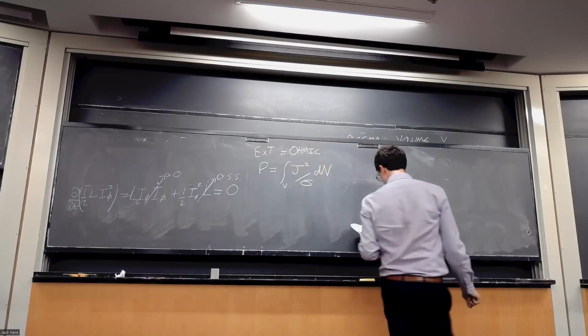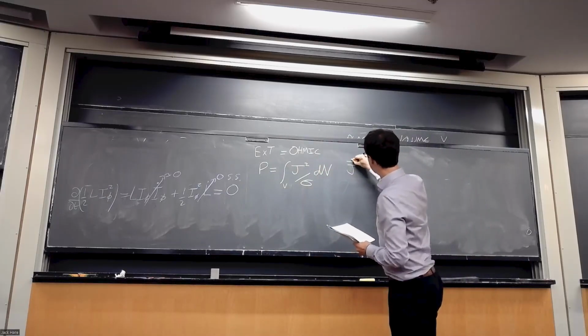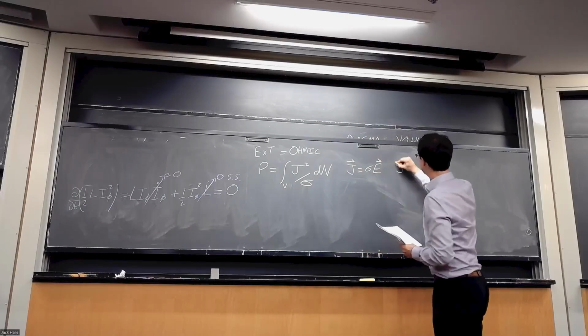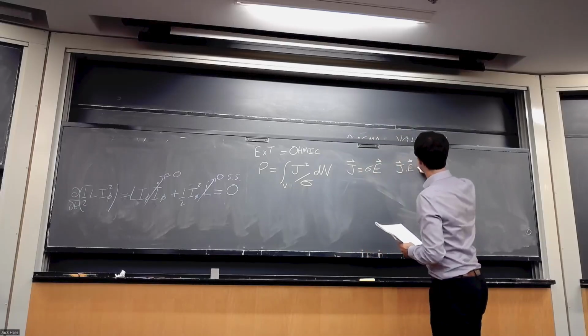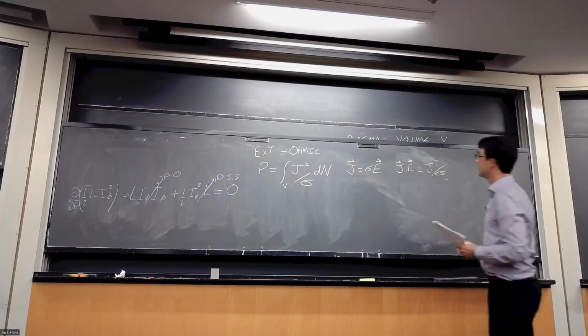This is just a rearrangement where we say that J is equal to sigma E. So we replace J dot E with J squared over sigma.